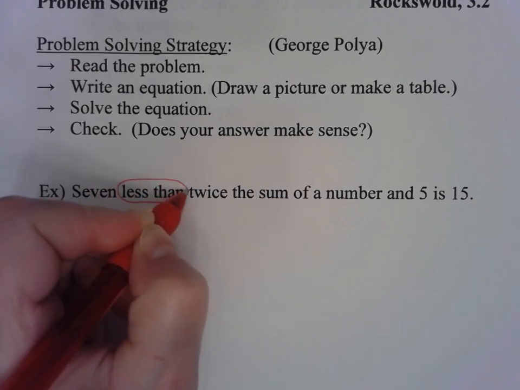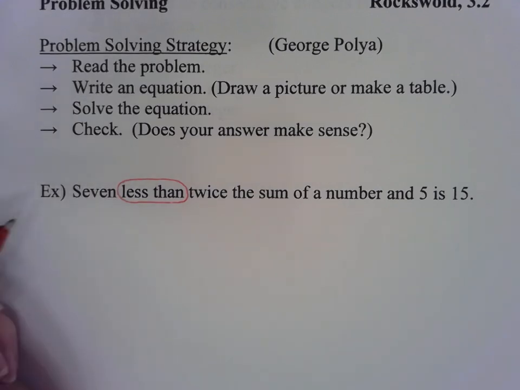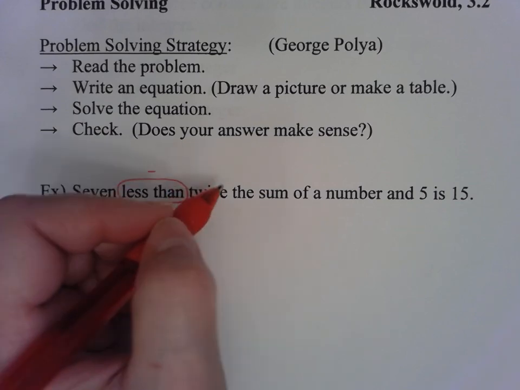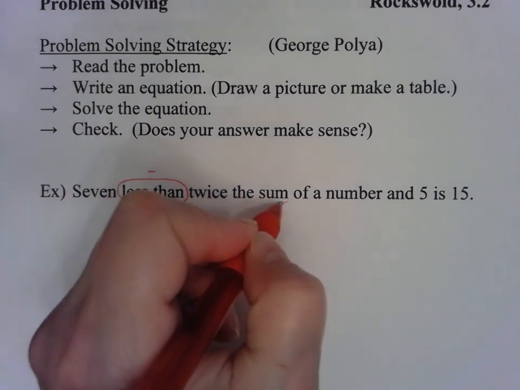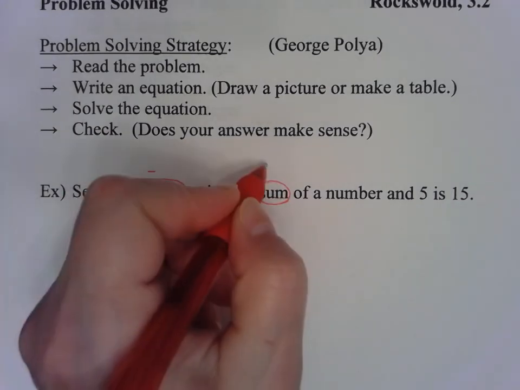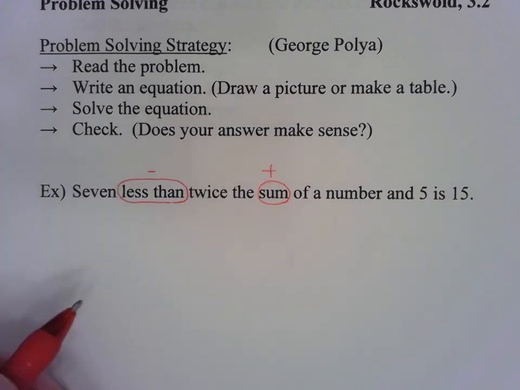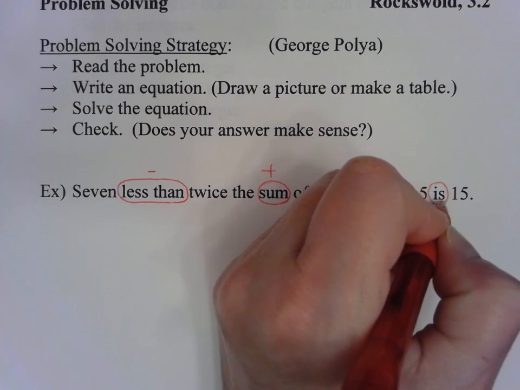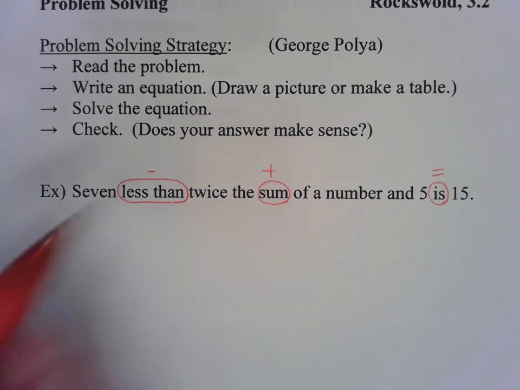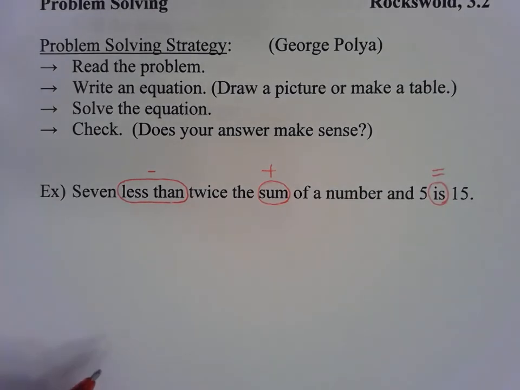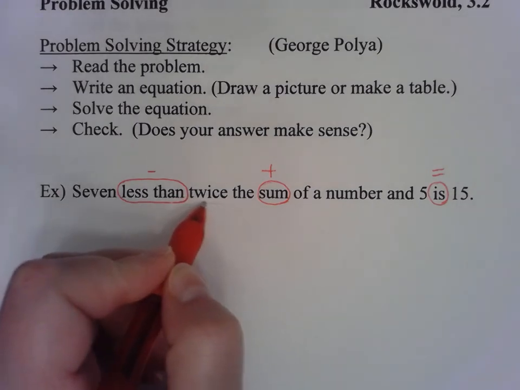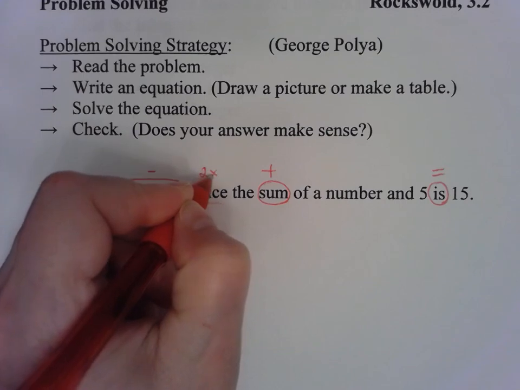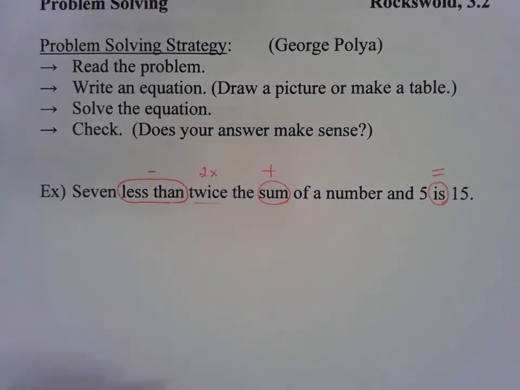So "less than" is maybe a keyword that implies some subtraction. "The sum" implies addition. "Is" is a really good one that you're going to see a lot, and that implies equals. You could maybe argue that "twice" was a keyword, so we know twice means a double.